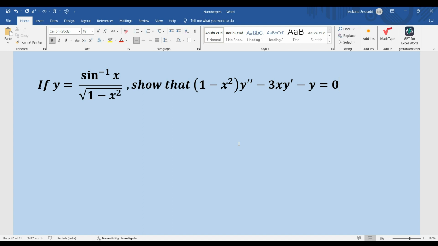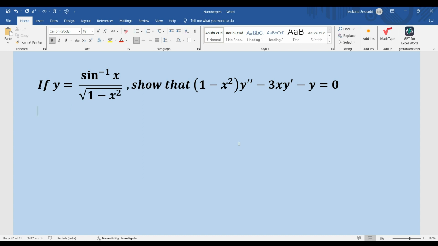You arrive at y dashed, you arrive at y double dashed, and then put it back into the expression to showcase that it is equal to 0. That is one way of doing it, and there is no harm doing that, just that it might be a very long way to solve that particular problem, but definitely it is not wrong.